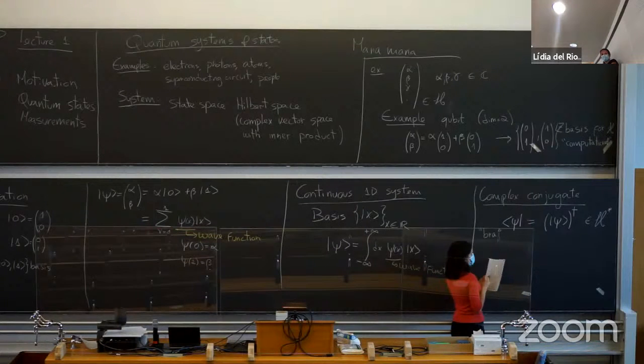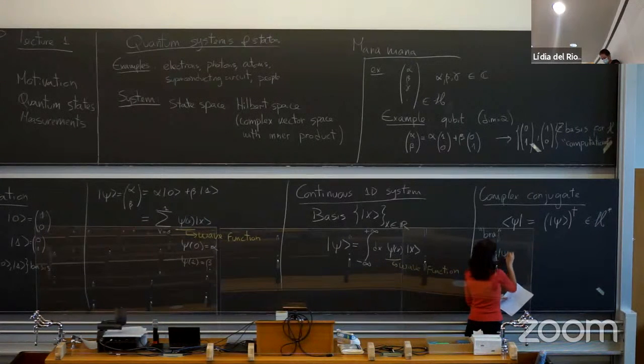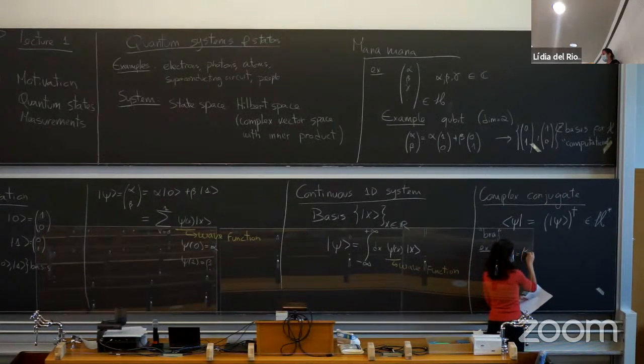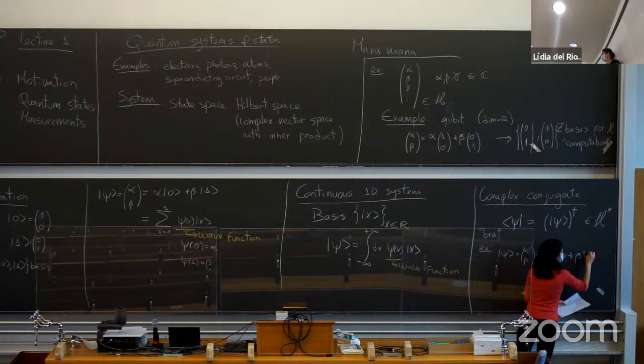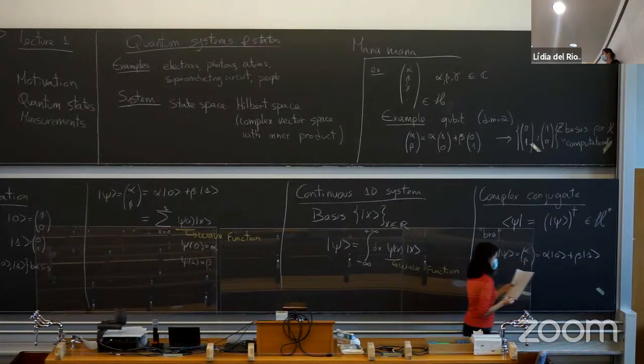So for example, our psi that was alpha, beta, which was alpha 0 plus beta 1 with qubits. Now the bra is going to be a row where this is the complex conjugate, right?